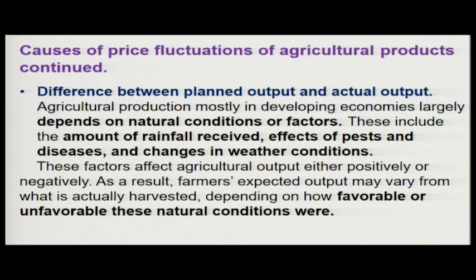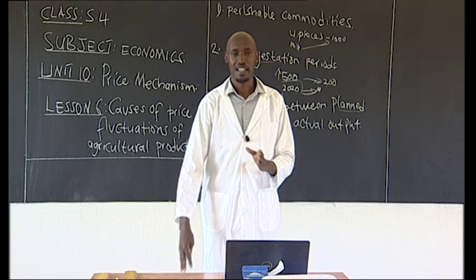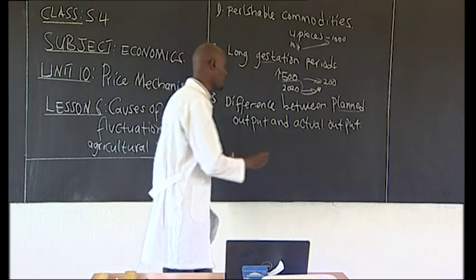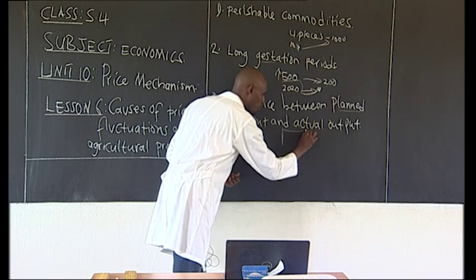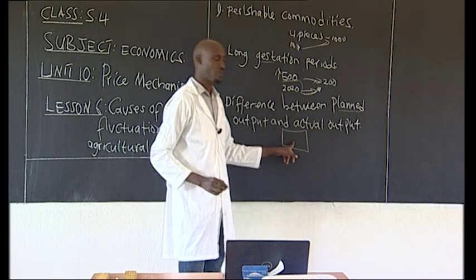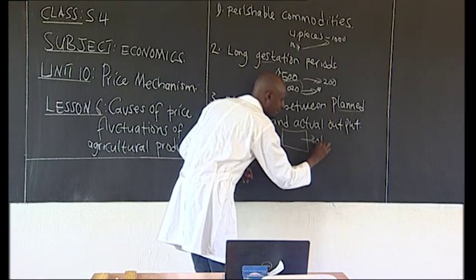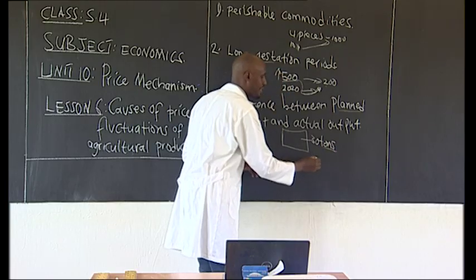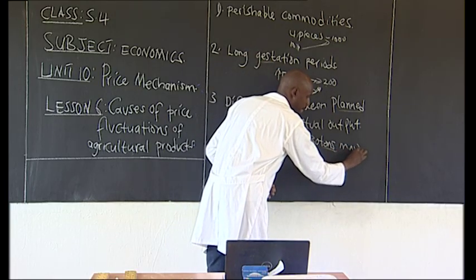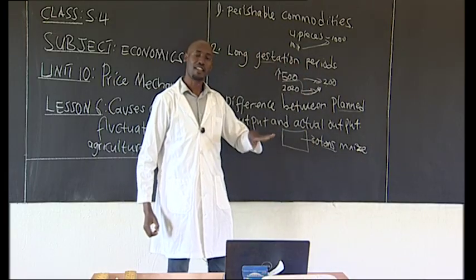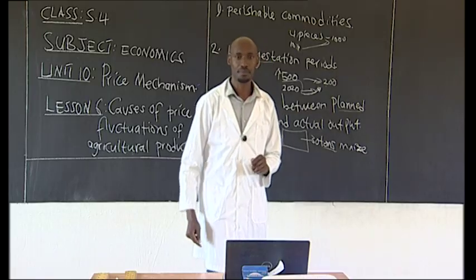Okay, let me give an example. I may plan that I'm going to grow maize, and I expect 1 acre to get 30 tons. 30 tons of what? Maize. So I expect to get 30 tons of maize on 1 acre.